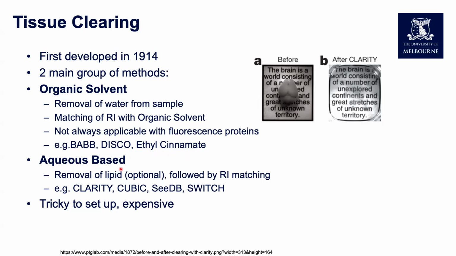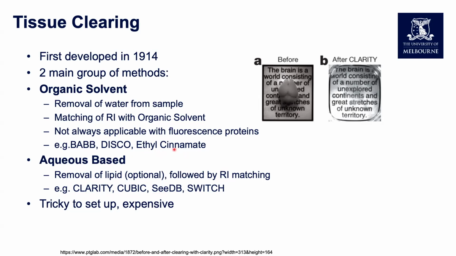Some of the other clearing methods that are available are more aqueous based, so we can have removal of lipid. So systems like CLARITY will do that, again followed by refractive index matching with higher refractive index solutions. So the approaches here are CLARITY, CUBIC, CDB, and SWITCH.